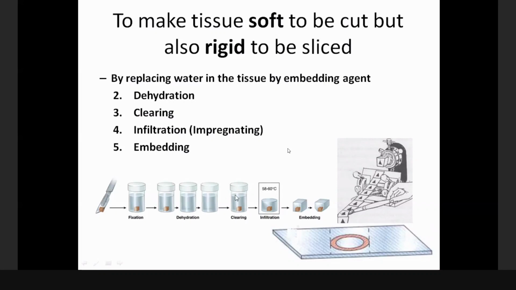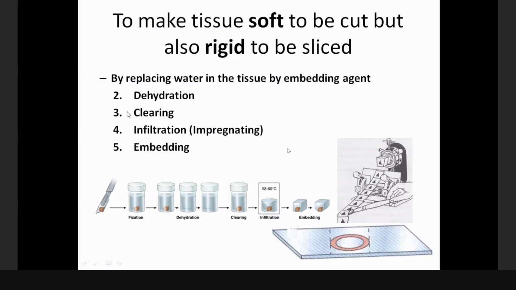So xylene is a widely used chemical that is able to replace alcohol, and it itself is able to be replaced by plastic or wax. This step is named clearing.